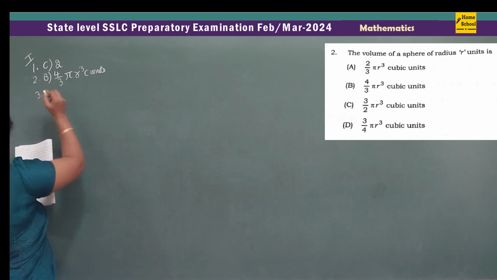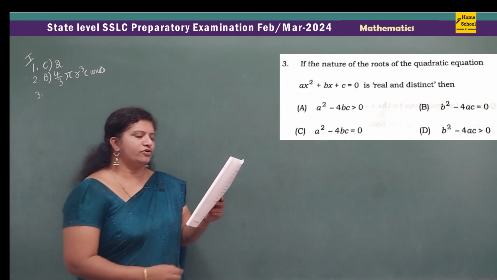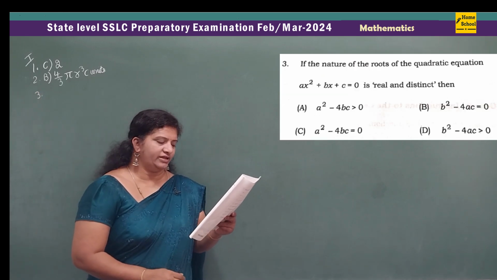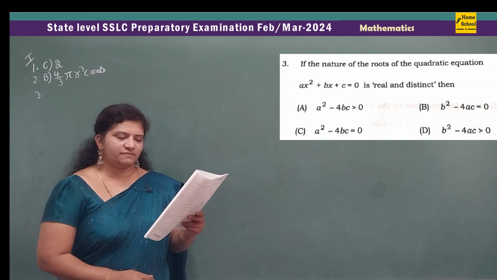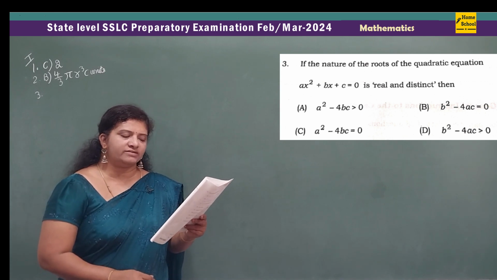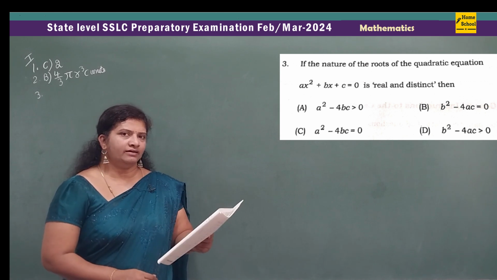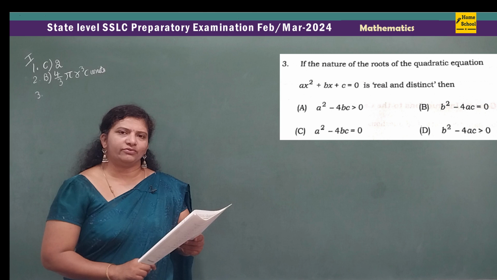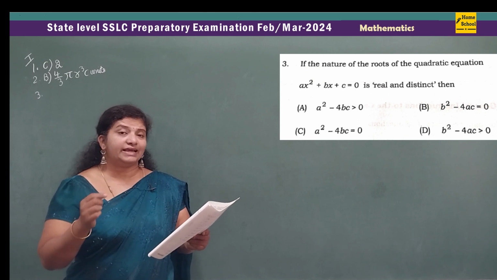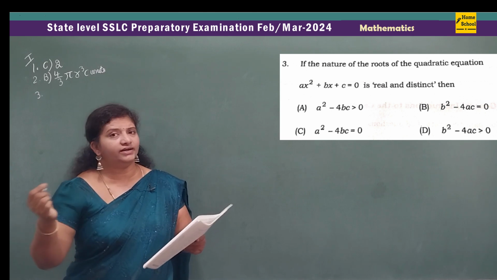Third one. If the nature of the roots of a quadratic equation ax square plus bx plus c equal to 0 is real and distinct. Understand here, the standard form of a quadratic equation is given and the nature of the roots is real and distinct.